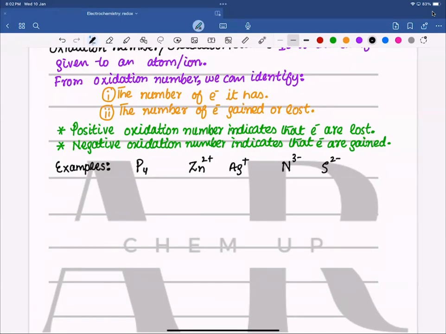So if I assign the oxidation number to these atoms or ions, the first one is an element, so its oxidation number is 0. Its oxidation number is 2 plus, its oxidation number is 1 plus, its oxidation number is -3, its oxidation number is -2.